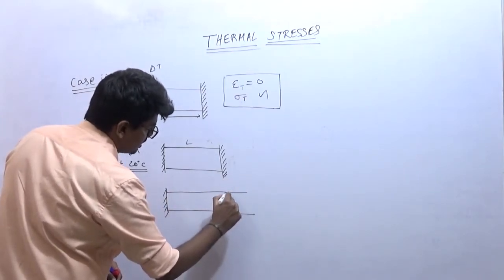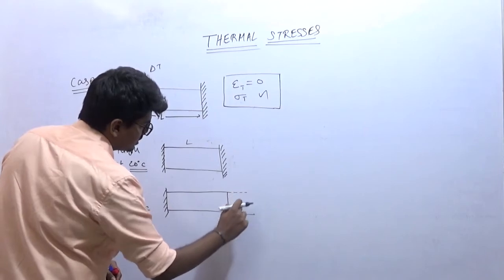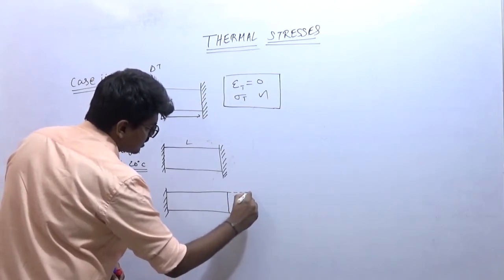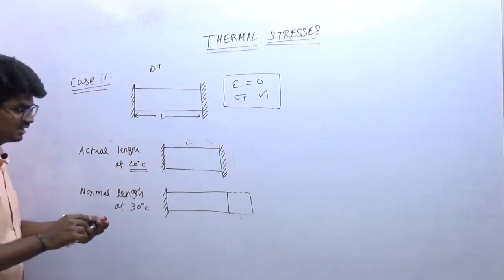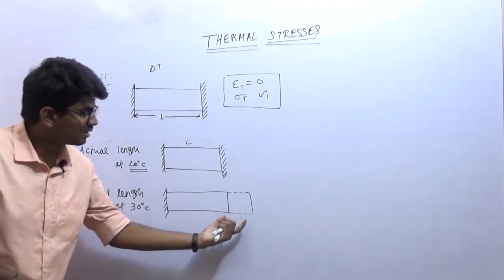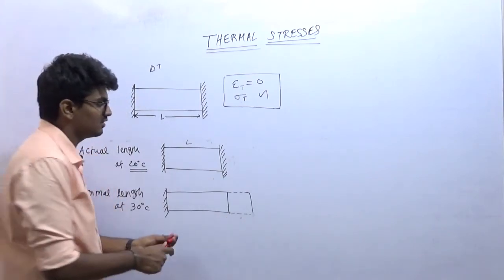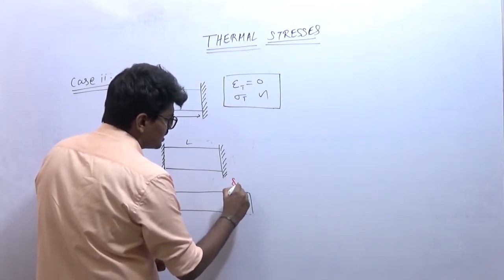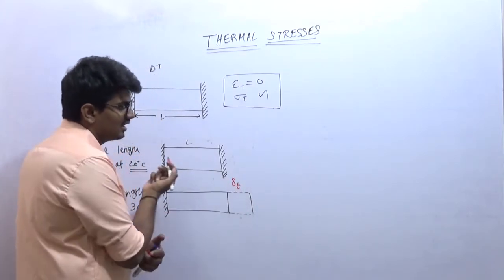So this is the initial length and this will be the increase in length. Why is it happening? Because of free expansion. Why is it freely expanding? Due to thermal expansion, which I am taking as delta T.